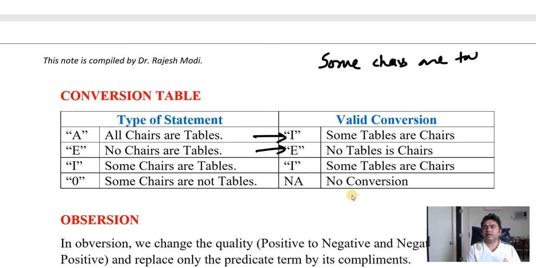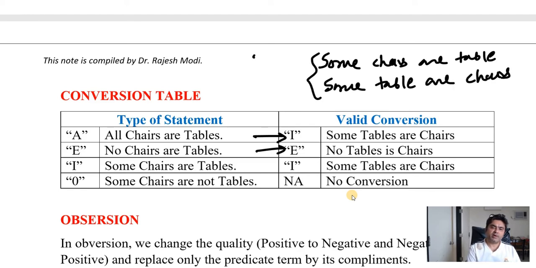Now the obversion table. In obversion we change the quality. Remember, the quality is either positive or negative, and replace only the predicate term by its complement. For example, all people are good.